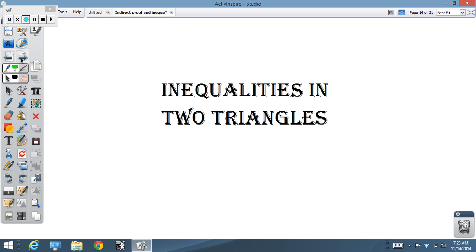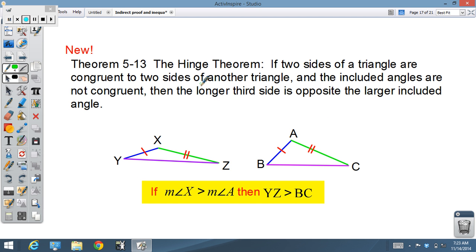All right. Now, when we apply this to two triangles, we're going to see a couple new theorems. If two sides of a triangle are congruent to two sides of another, and the angle between them, well, the larger the angle must be opposite a longer side. Okay. If the angle is smaller, this side must be smaller than the other one. Okay. Again, the relationship between angles and opposite sides.